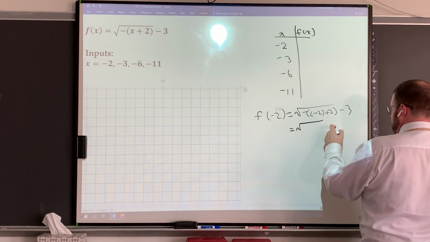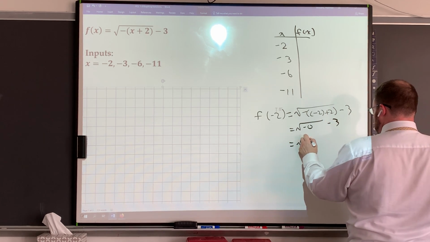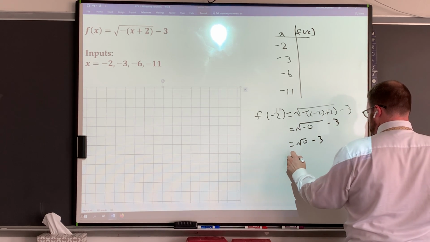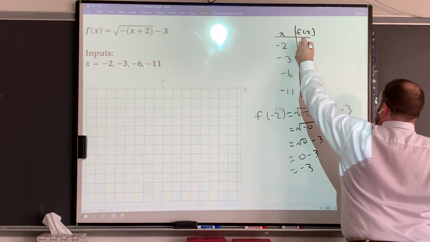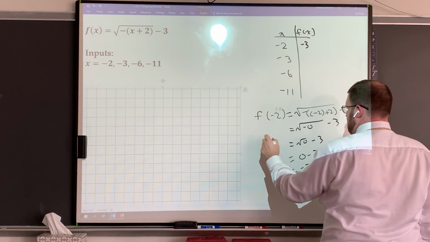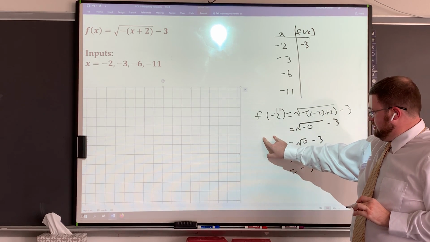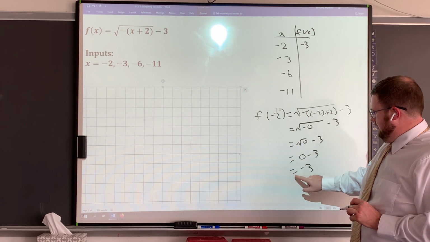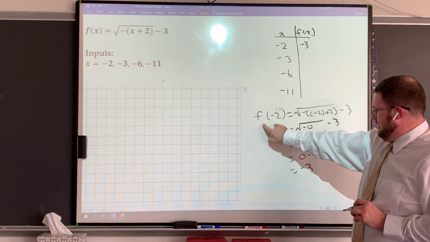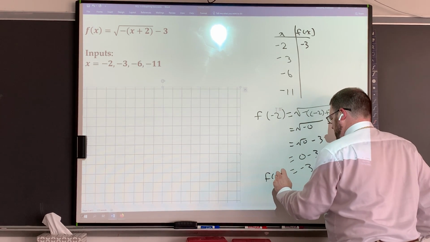I can say negative 2 plus 2 is 0. Negative 0 is the same as 0. There's no such thing as a negative 0. 0 minus 3, which is negative 3. That is the technical way to do this. You'll notice I don't have function notation on every line, but because the equal signs are lined up, it is understood that that f of negative 2 is on each of those lines. I'll go ahead and put it on that last line.